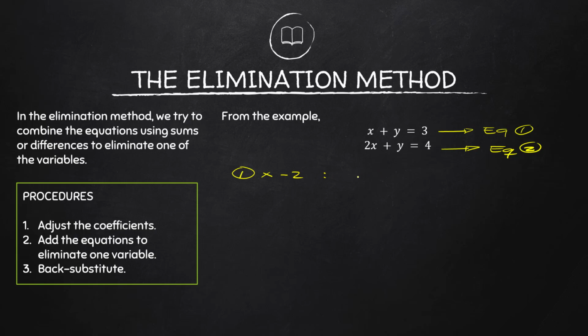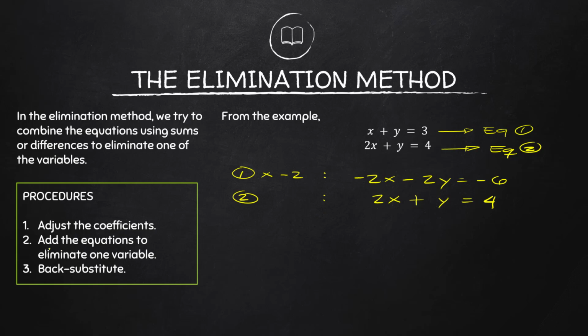That would be negative 2 times x is negative 2x. Negative 2 times y is negative 2y. And negative 2 times positive 3 is negative 6. So you multiply it in all of the expressions of your equation. And then just copy your equation 2. That would be 2x plus y equal to positive 4.